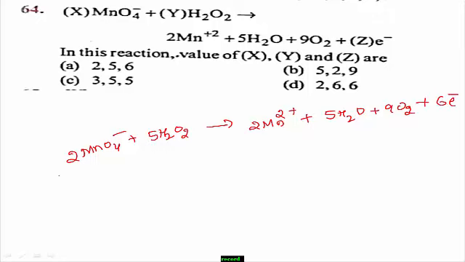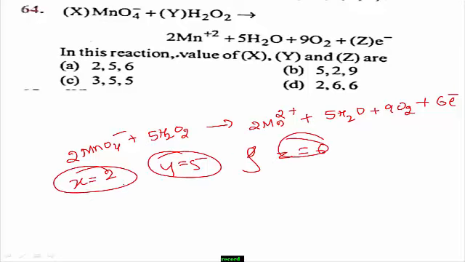So here x is equal to 2, y is equal to 5 and z is equal to 6. Therefore the right answer is 2, 5, 6, option A. It is very important to write the balanced reaction.